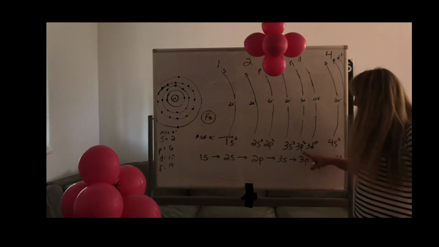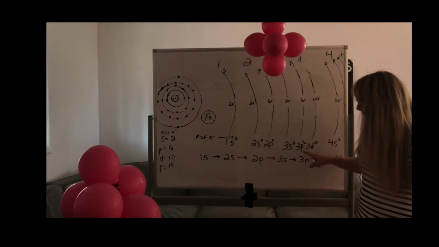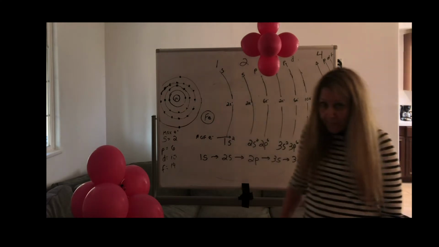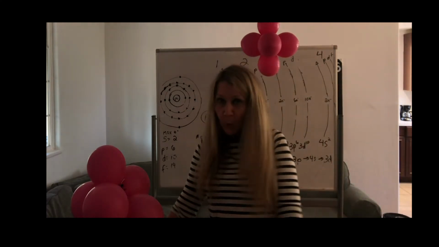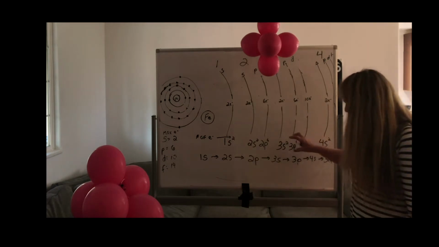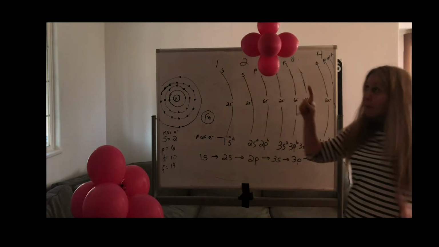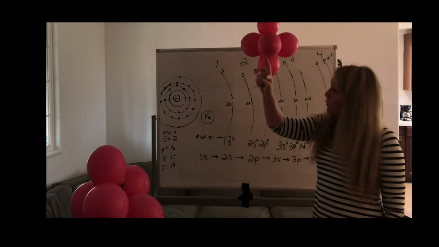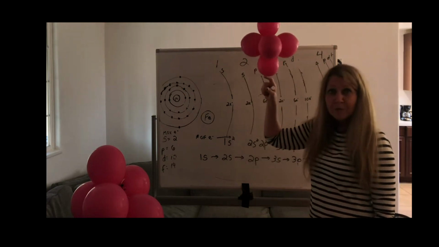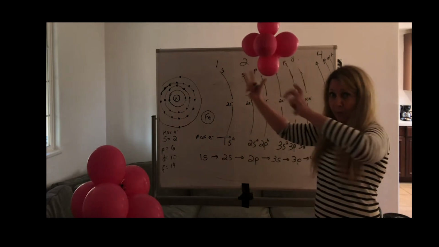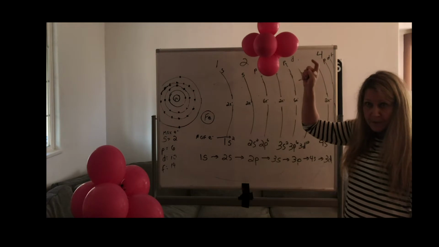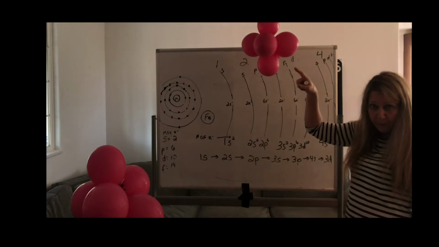Okay, so now if we look at the 3rd p sublevel, remember p is dumbbell shaped, and this was the 2p example. So it'd be just a larger version of this that would go around this 2p sublevel.